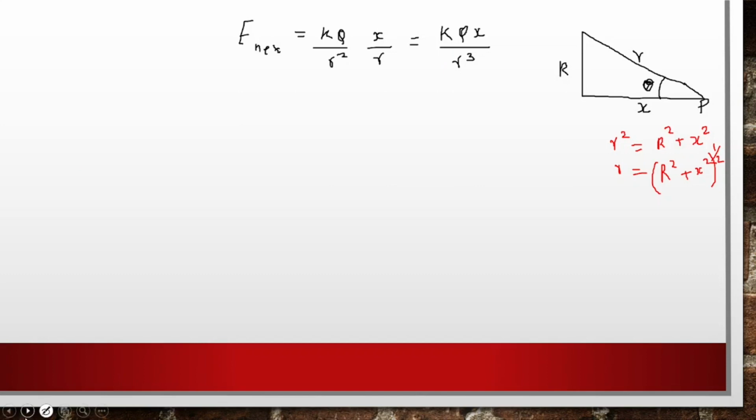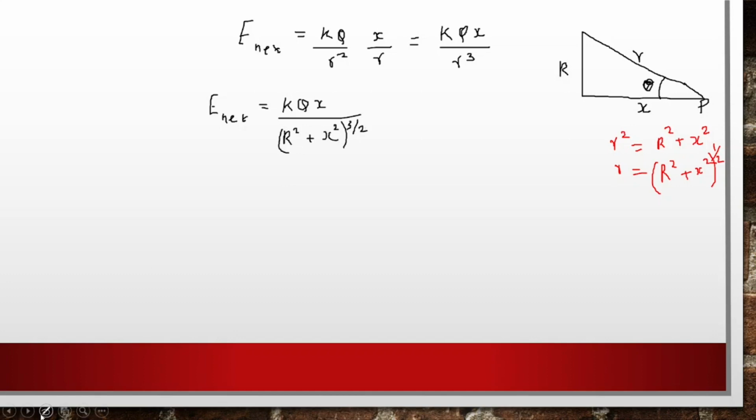So we get E net is equal to k q x by, since it is r cube, we get it as (R square plus x square) all raised to 3 by 2. Okay, we got E net here.